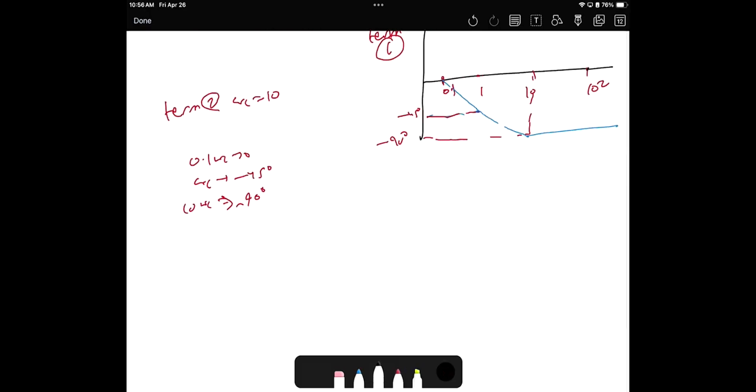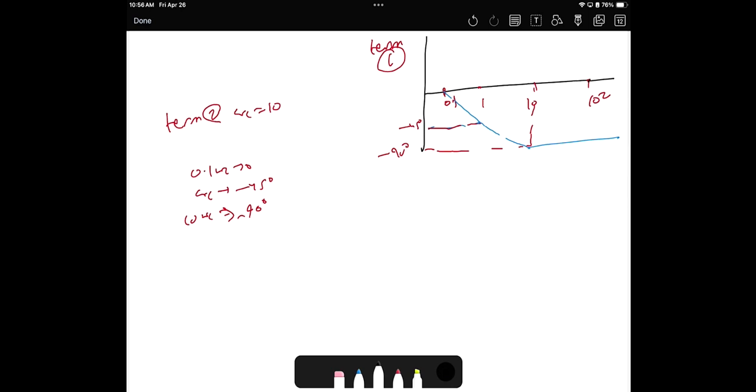So for term 2, here's omega, 10 squared, 10, 1, 0.1.